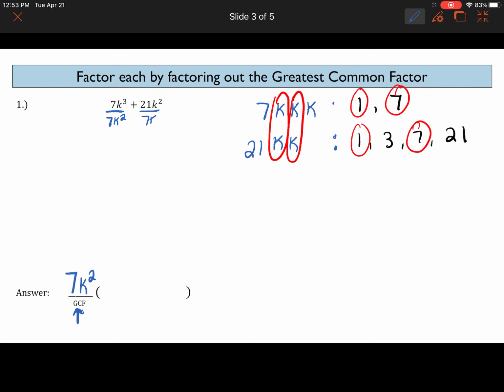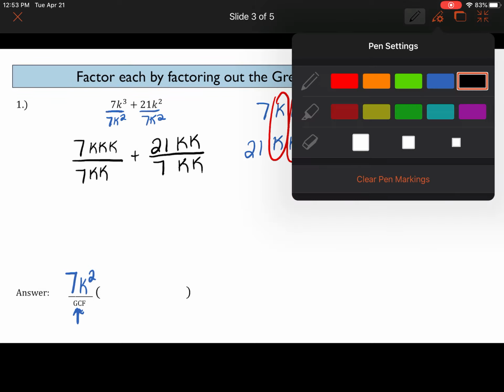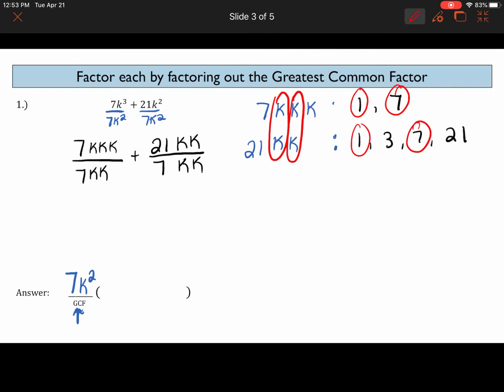So 7k squared, 7k squared. And the easiest way to understand this is to write out each term. So 7k to the third, which is k, k, k, divided by 7k squared, which is 7k, k, plus 21k, k, k, divided by 7k squared, which is 7k, k. What you're doing now is actually dividing. 7 divided by 7 is 1.